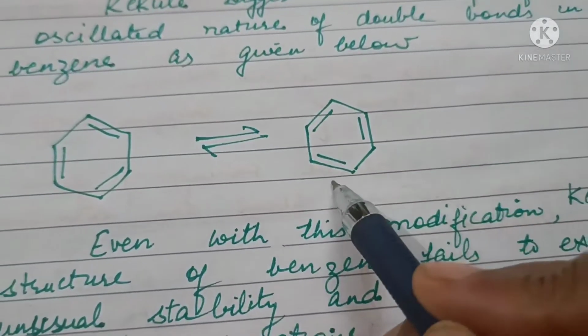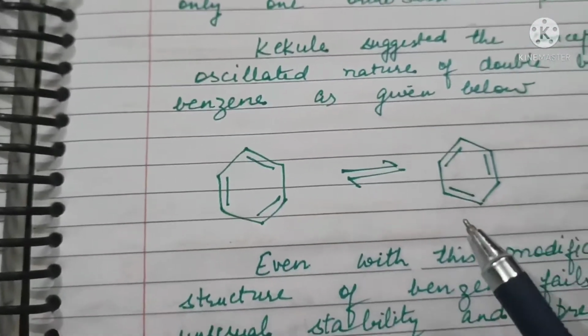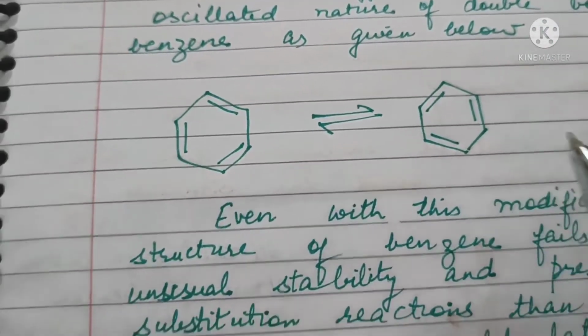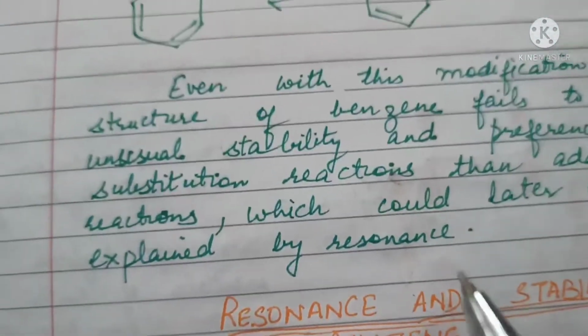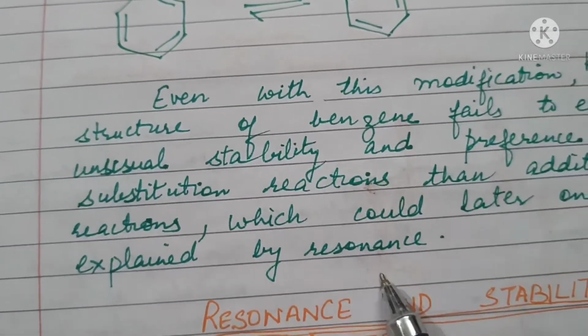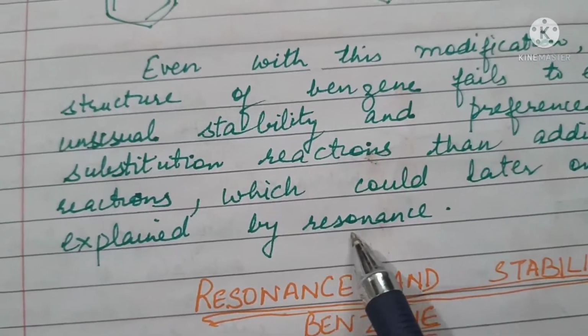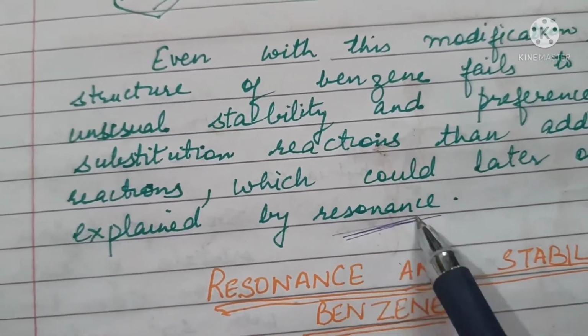If there are 3 double bonds, it should undergo addition reactions, but rather than addition reactions, it prefers substitution reactions. But later on, we came to know the explanation for this anomaly, and we could explain the structure with the help of resonance.